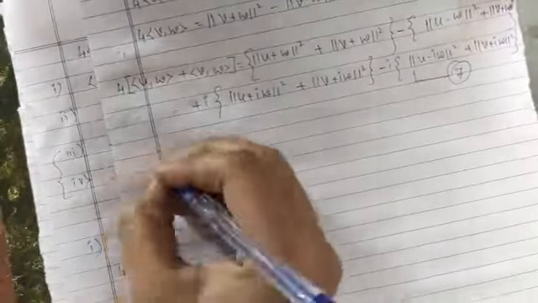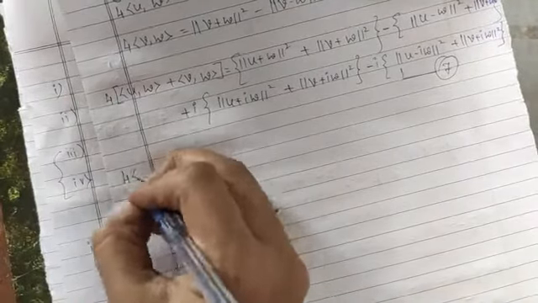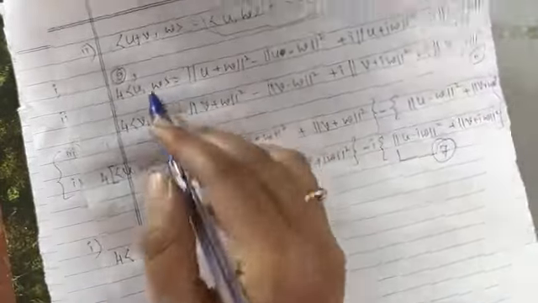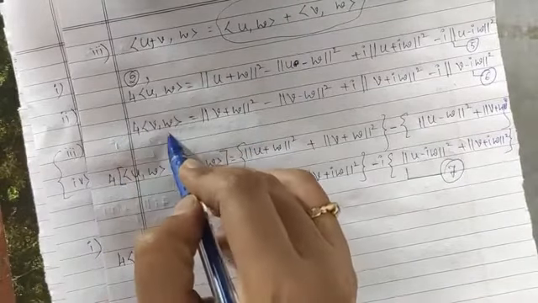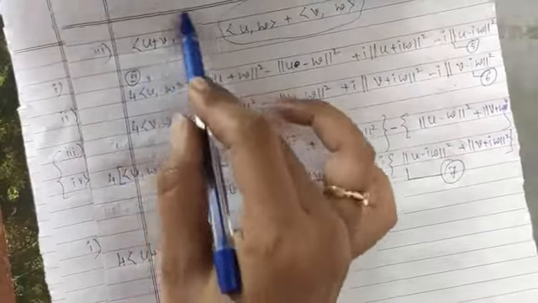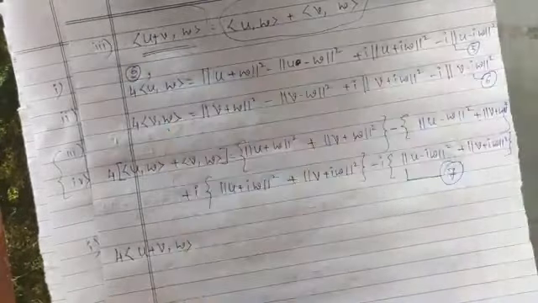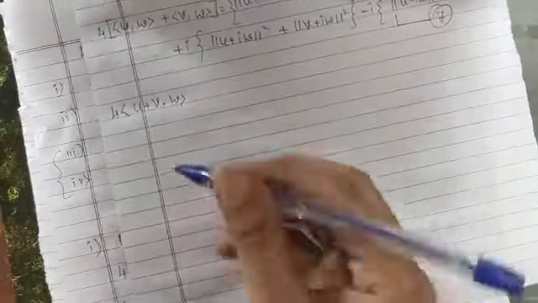Okay. So now using 2, you can write 4 into inner product of u plus v comma w. This is u comma w, this is v comma w. I need my LHS part also. So by using equation 2, I will find out what is inner product of u plus v comma w.